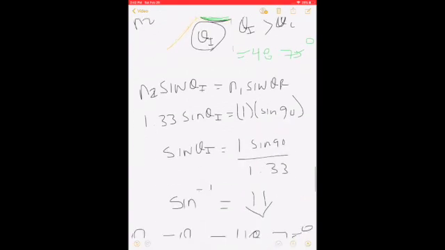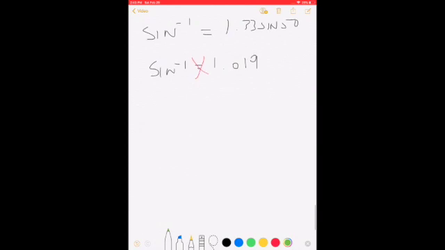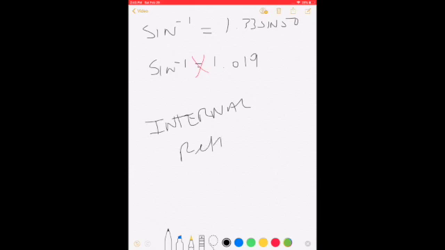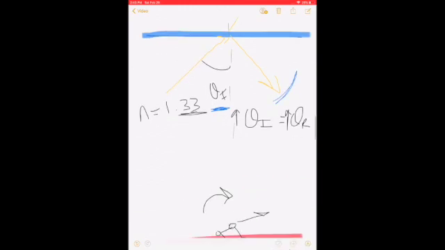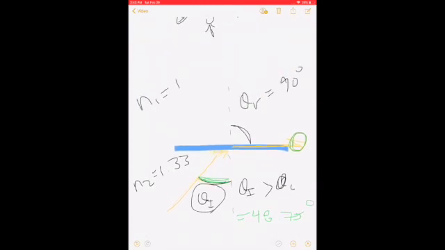You now have what we call internal reflection. You can have reflection or refraction, but at a certain angle, once you pass 90 degrees of the refraction angle, you are therefore now reflecting inward.